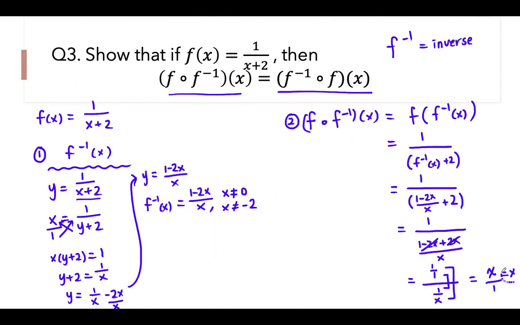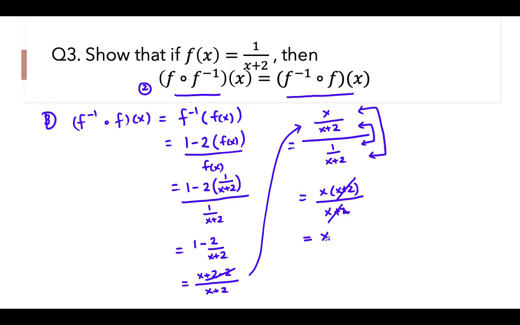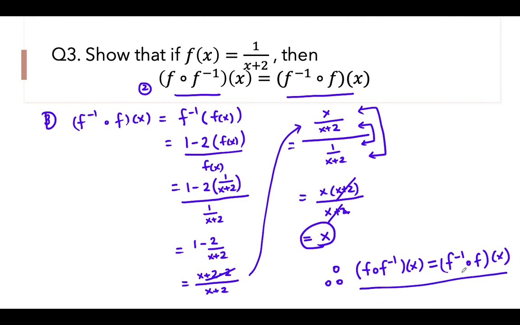We have the same answer, x equals x. So therefore, we can prove that f of f inverse of x, which gave me x, is equal to f inverse of f of x. x equals x. So it is true. Left side equals right side.